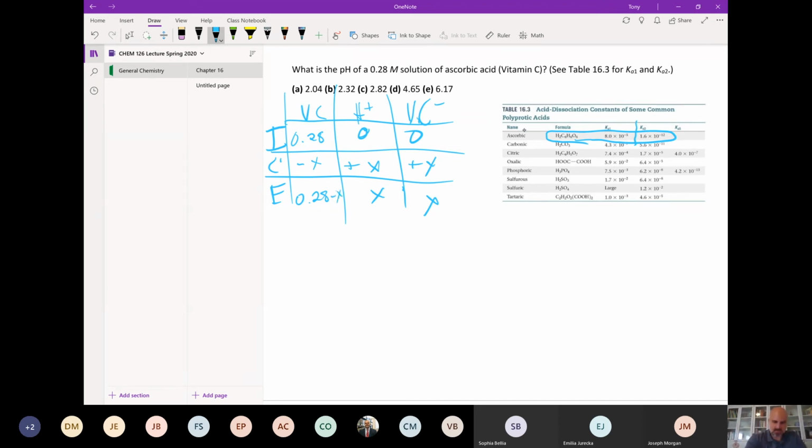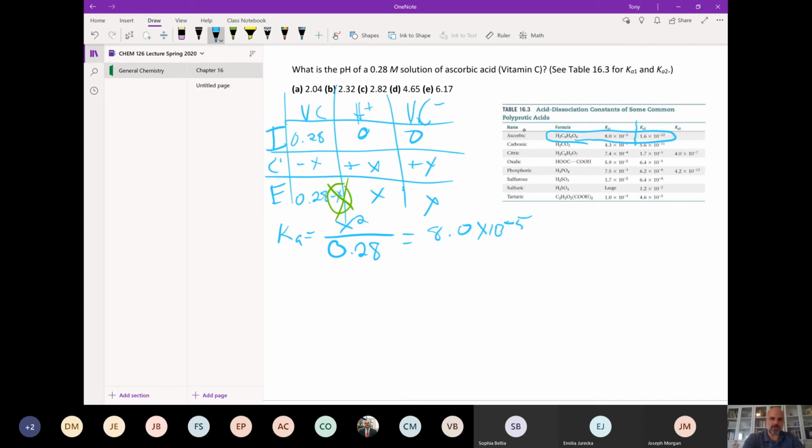And you simply set up your table where you have your Ka is equal to x squared all over 0.28, and we'll assume that the minus x is small, so we'll ignore minus x, and we'll set that equal to 8.0 times 10 to the minus fifth.